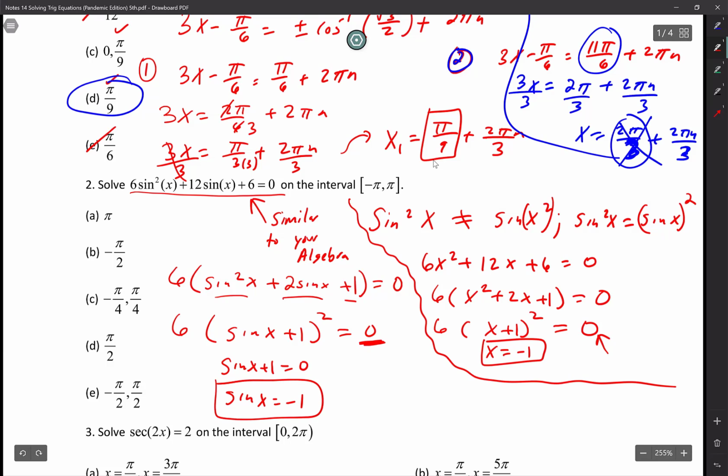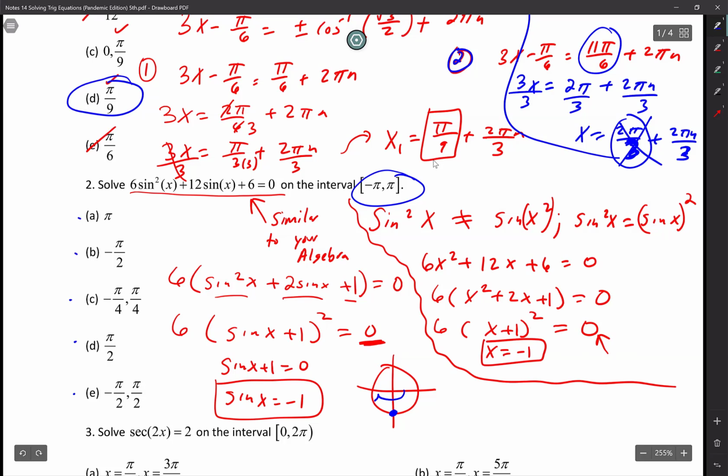And then from there, we can look at a unit circle. Yes, we can do arc sine, but look at a unit circle. And that happens here at that blue dot. That blue dot, if I go this way, would have been 3 pi over 2. Notice 3 pi over 2 is not in any of the answer choices. That's because my domain is between -pi and pi. So let's see where -pi is and then go that way.